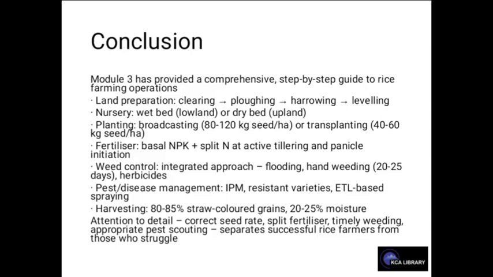Harvesting: 80 to 85% straw colored grain, moisture content 20 to 25%. Attention to detail in every step. Correct rate, split fertilizer, timely weeding, and regular scouting is what separates successful farmers from the rest.